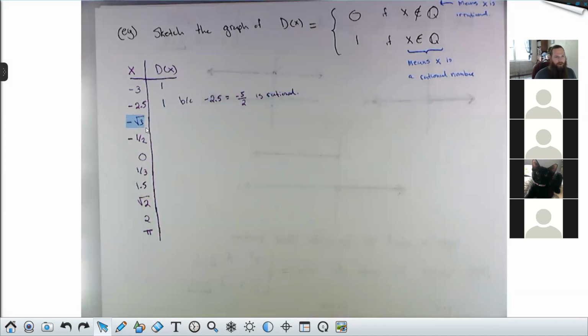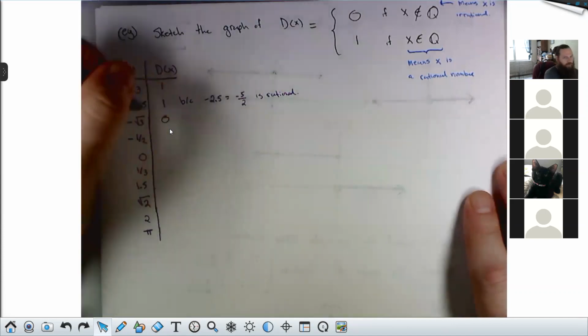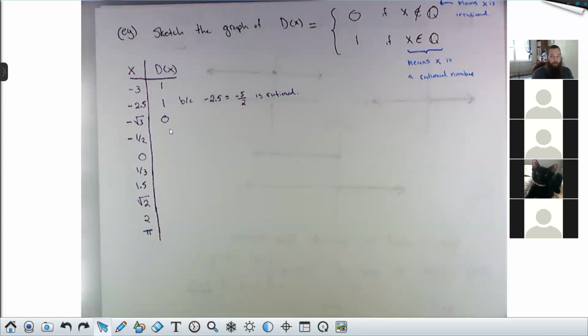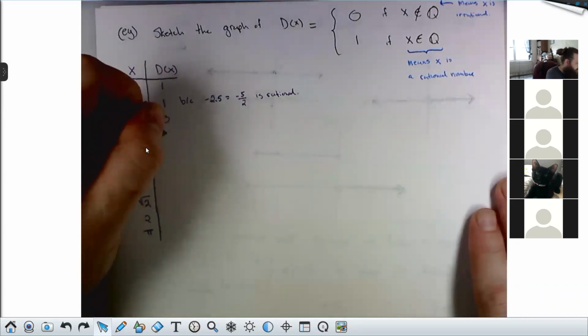What is d of -√3? What output goes with this? 0. 0, very good. Square roots are either integers or irrational, right? If a square root is not a perfectly clean number, then it's irrational. What is d of -1/2? 1. 1, good, because that is a rational number.